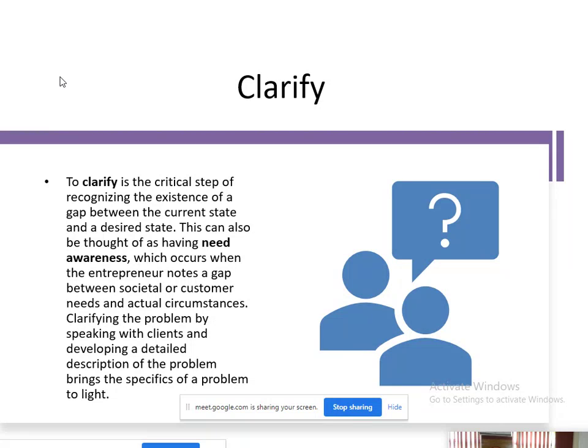So everything. Even you have to talk with the clients also, because the main thing is that the problem statement must be clear to all innovating team members. Okay, so clarifying the problem by speaking with clients and developing a detailed description of the problem brings the specifics of a problem to light. Okay, next.